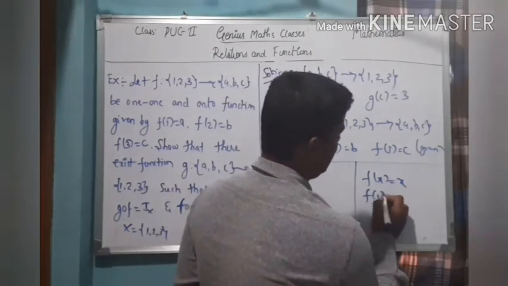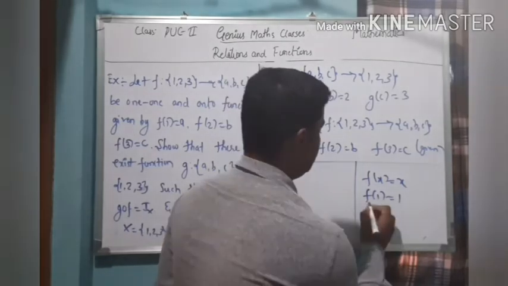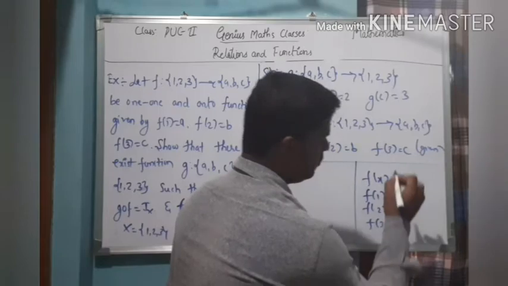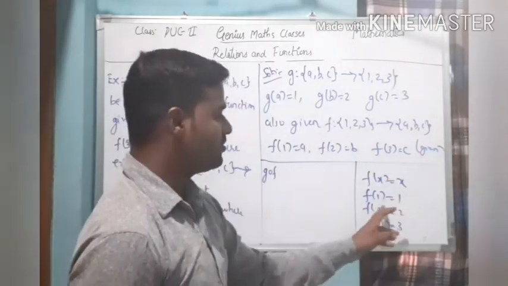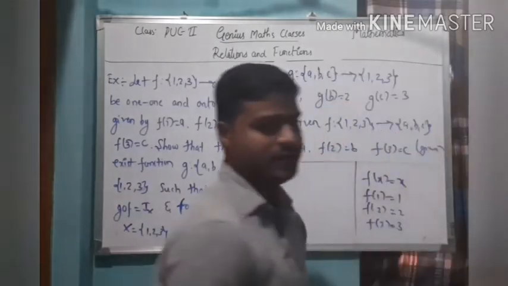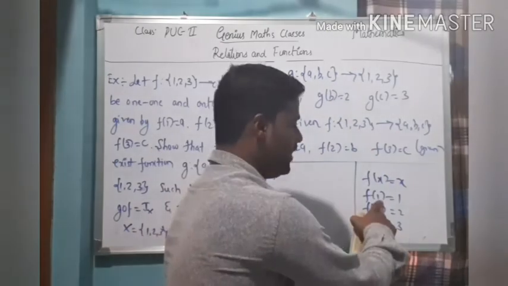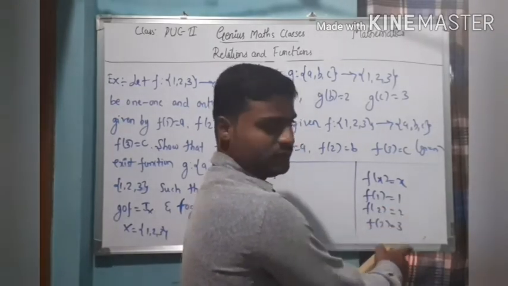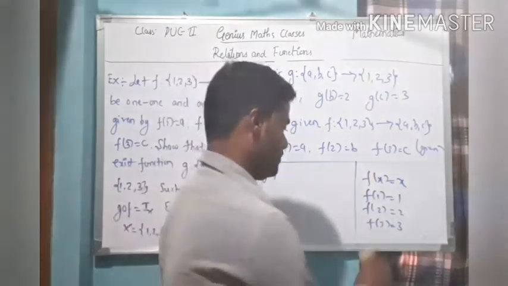That means f of 1 equal to 1, f of 2 equal to 2, f of 3 equal to 3. Everywhere it is the same image. The identity function, because 1 gets 1, 2 gets 2, 3 gets 3. That is why this is the identity function.